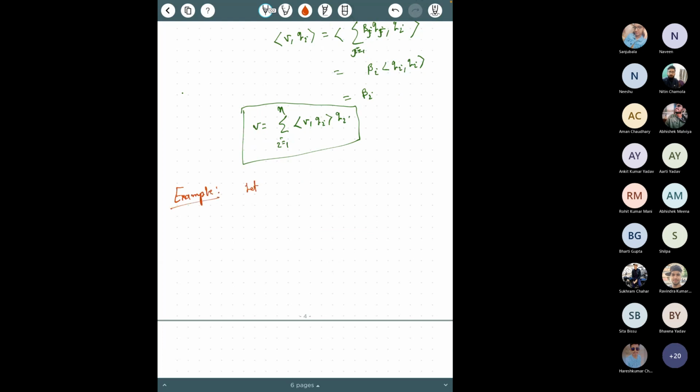Let us suppose that we have three vectors in R^3: v1 which is (3, 0, 4), v2 which is (-1, 0, 7), and v3 which is (2, 9, 11). Can you find an orthonormal basis of the vector space spanned by v1, v2, and v3?